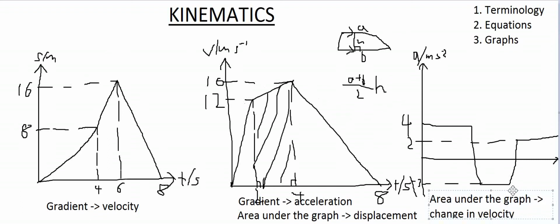If v equals 0 when t is 0, then the area under the graph is just the velocity. But if there's an initial velocity u, then you add whatever area there is later to the initial velocity.